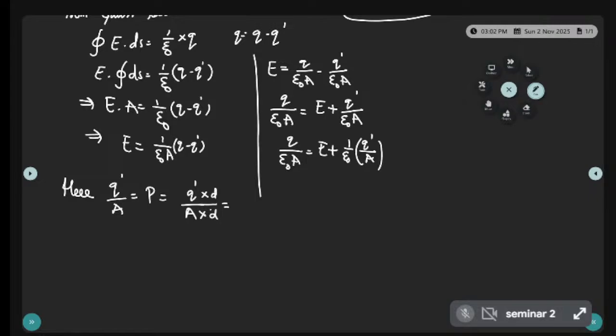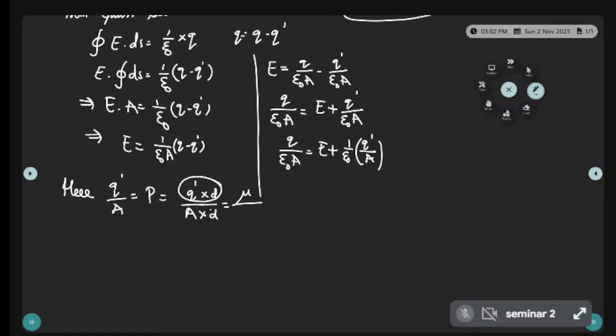D is the separation, we discussed in the first itself. The product of charge and the separation is the dipole moment, mu.